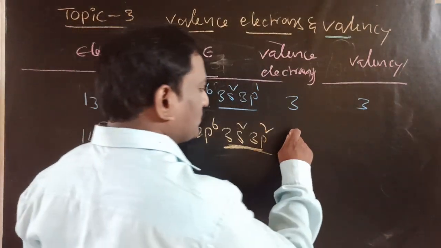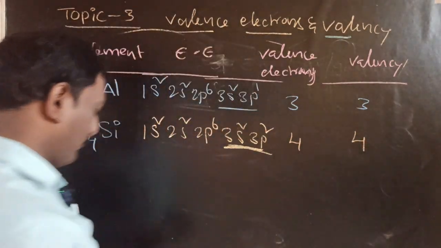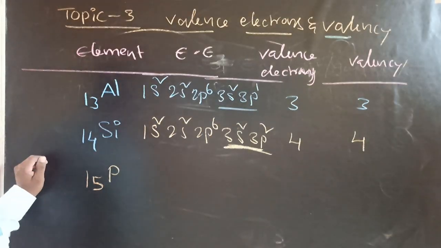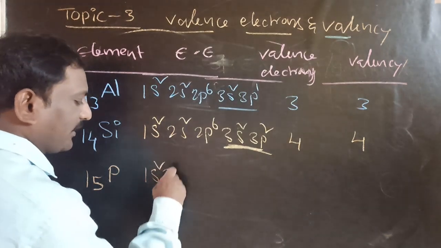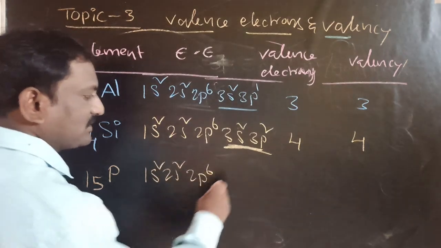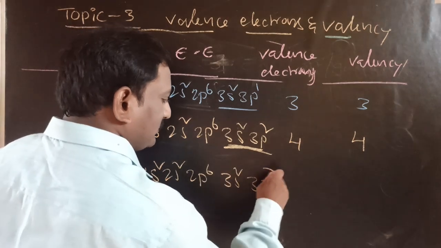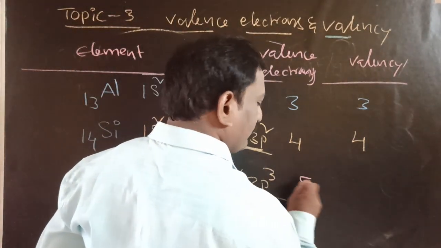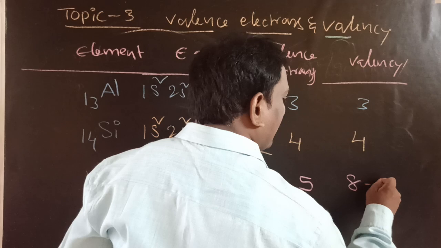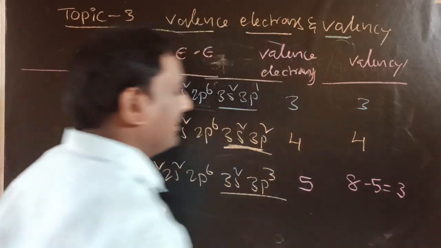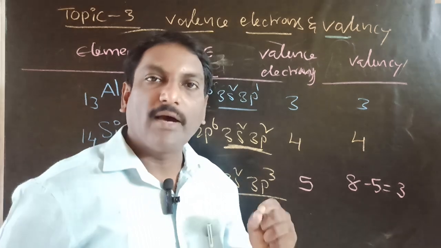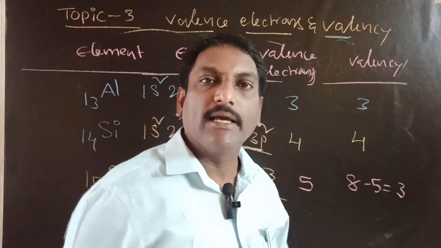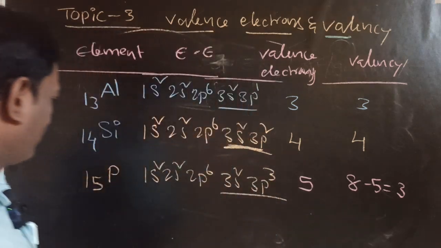Number of valence electrons 4, the valency also 4. Next one, phosphorus, atomic number 15, electronic configuration 1s2, 2s2, 2p6, 3s2, 3p3. Third shell will be the valence shell. Number of valence electrons 5 and valence 8 minus 5, that is 3. Because if the element has valence electrons more than 4, then you get valency 8 minus valency electrons. Is it clear?